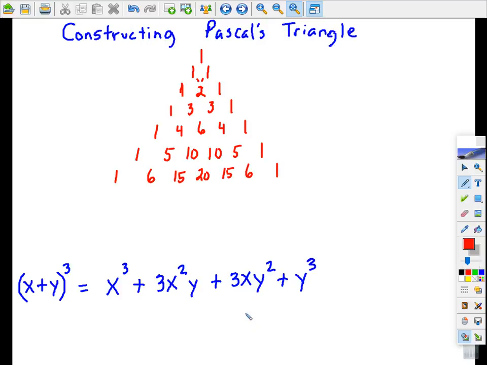Now each one of the rows of the triangle corresponds to a particular exponent. So in other words, when you're given a binomial raised to a certain power, you'll look at the power and that will direct you to the row of the triangle that you will need to use for the expansion. Okay, and it works like this. The top row will correspond to an exponent of 0.